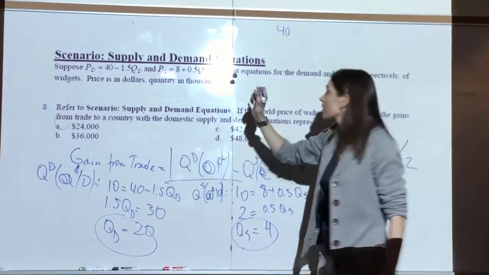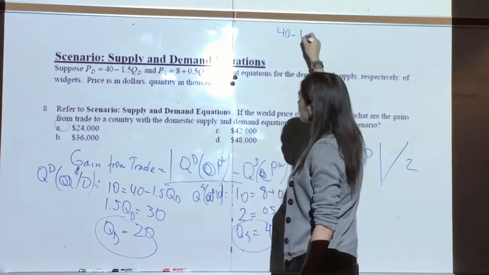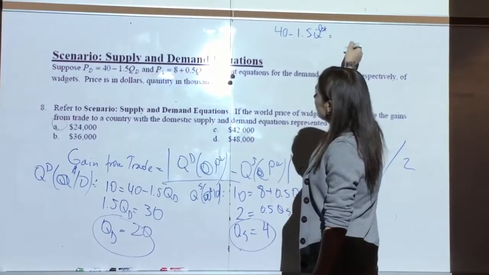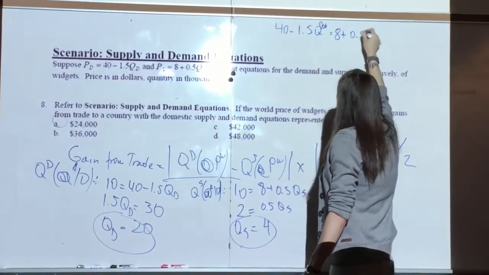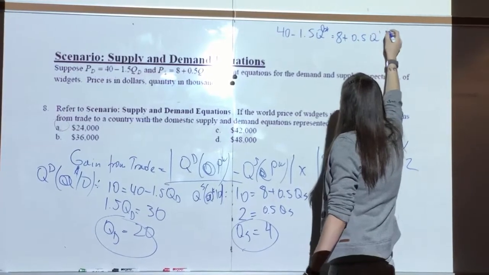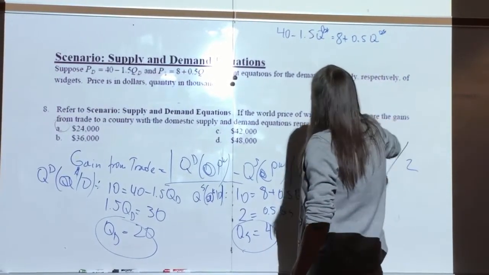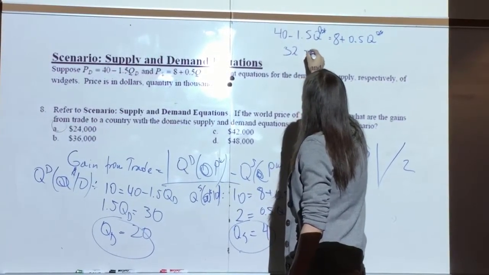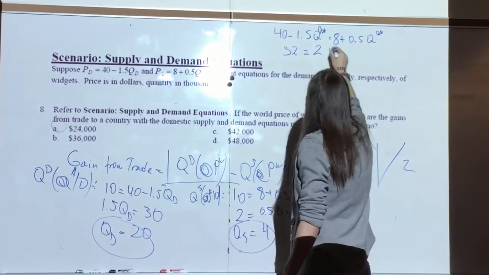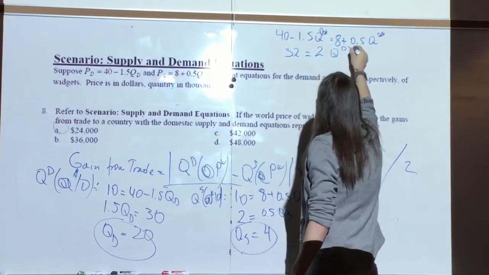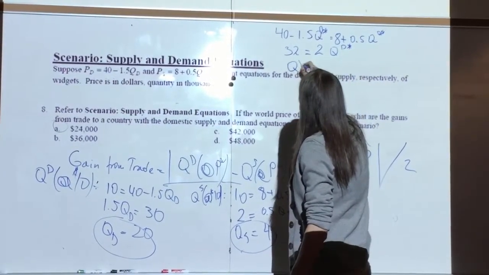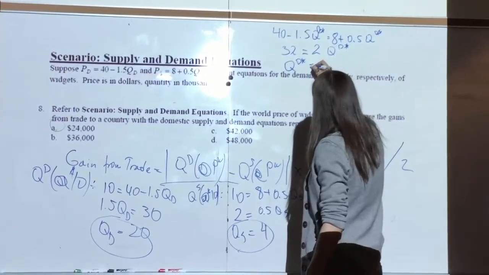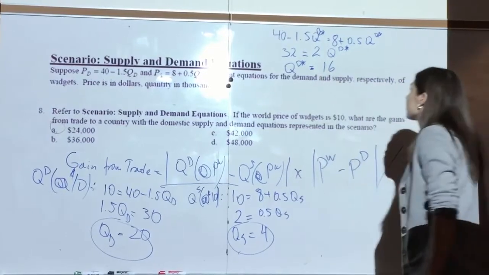So 40 minus 1.5 QD star equals 8 plus 0.5 QD star. 32 equals 2 QD star, so the domestic quantity with no trade is 16.